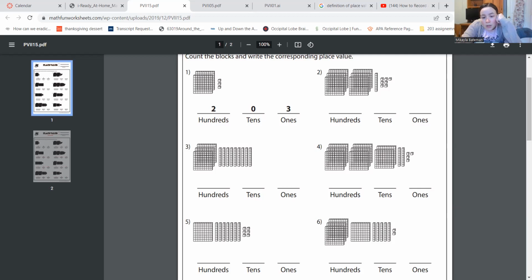And next, our last example is not a document. I want you to take, with your parents if you need help, 3 random 3-digit numbers you can think of and write them on a piece of paper or in your math journal. And I want you to practice writing them in expanded form, using words, and using blocks.